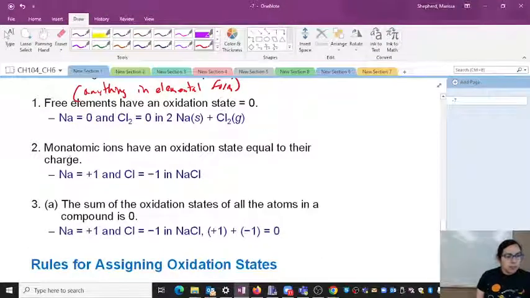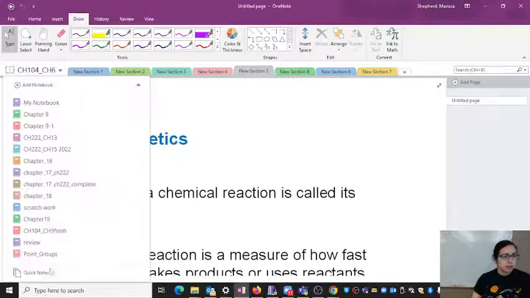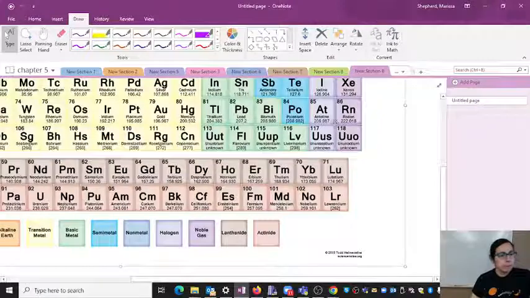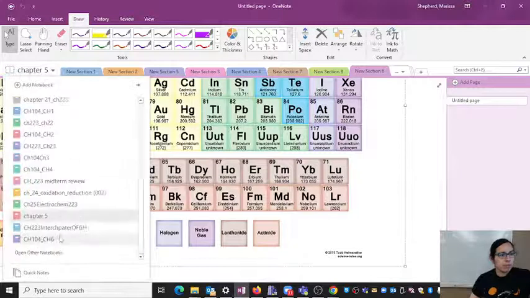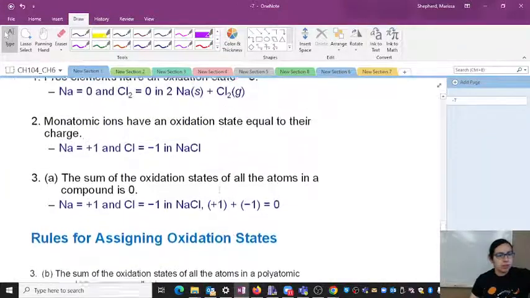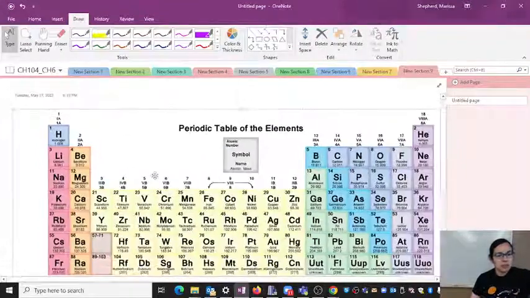And then the next rule, you already know how to determine this. Monoatomic ions have an oxidation state equal to their charge. So you know group 1, sodium, all those group 1s, they're going to have a 1+ charge. I was hoping for a periodic table. Let me grab one. Go ahead and rewrite those oxidation states if you need.